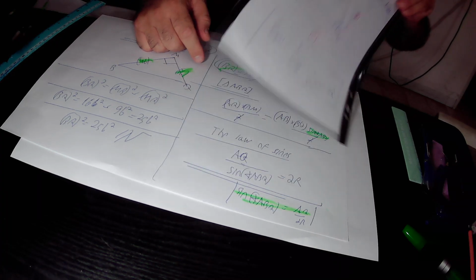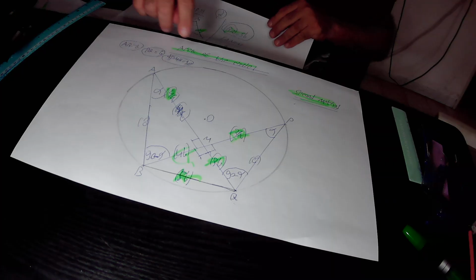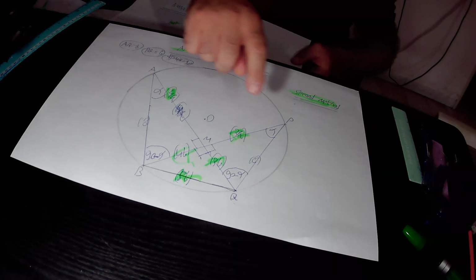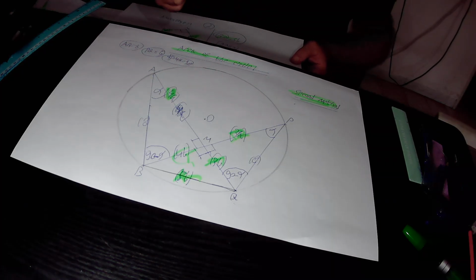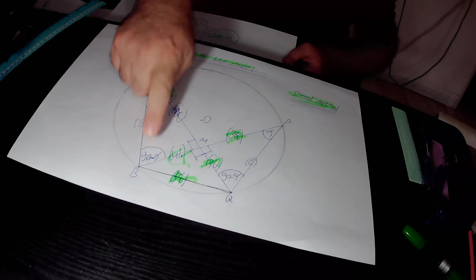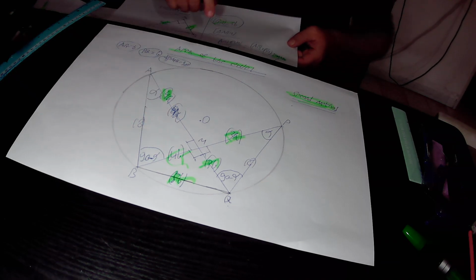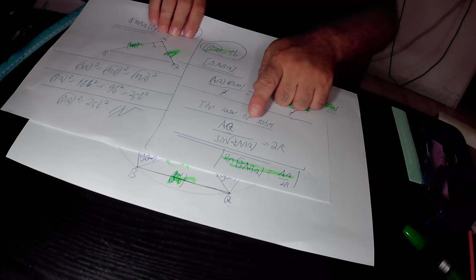We can apply the law of sines in our drawing because we have triangle ABQ inscribed in this circle. According to the law of sines, AQ over sine of angle ABQ equals 2R.